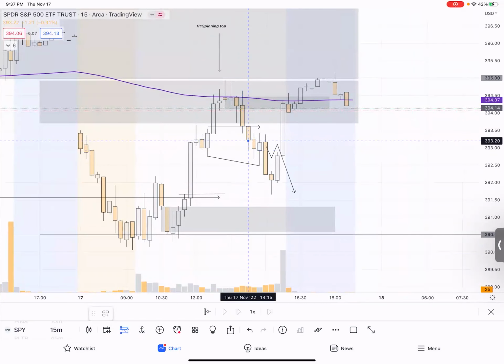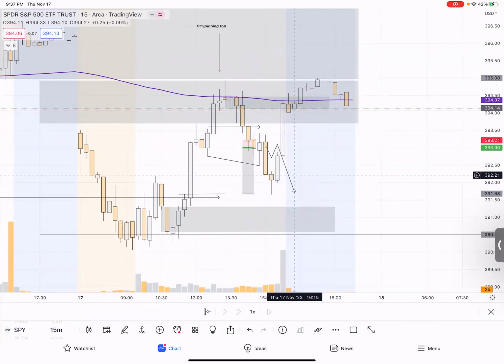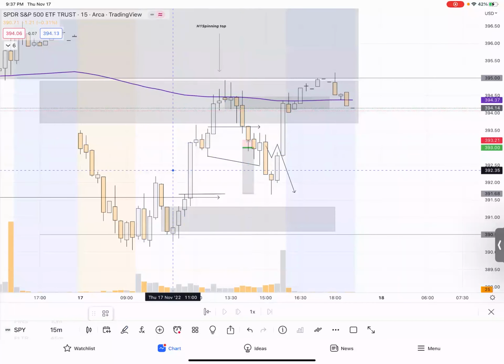So my RR on this trade here was a 1 to 3. The cause was a change in character, break in structure, and the reason was to fill in the imbalance left behind from this Marubozu.